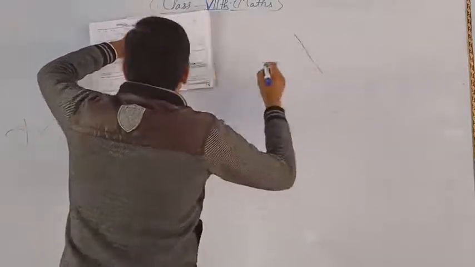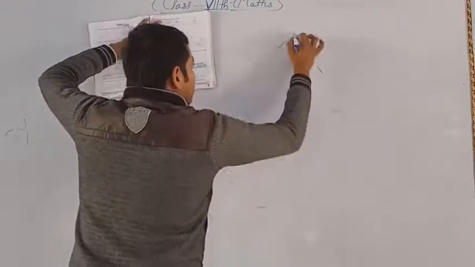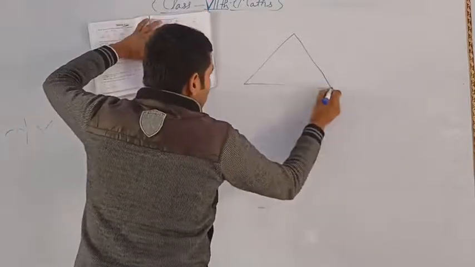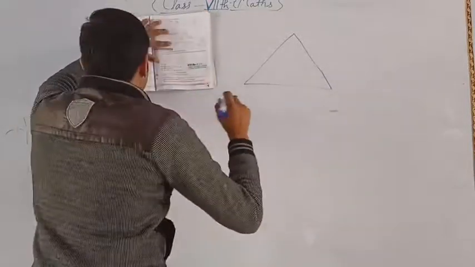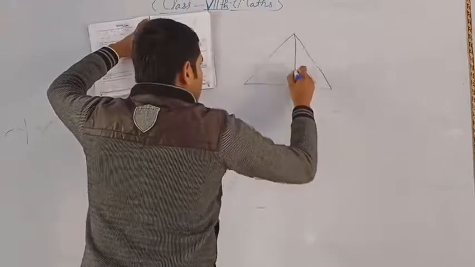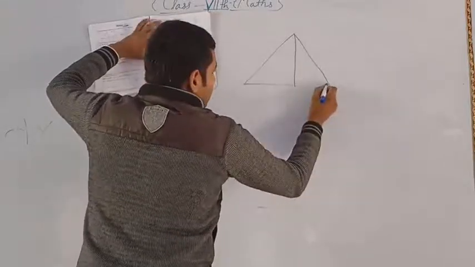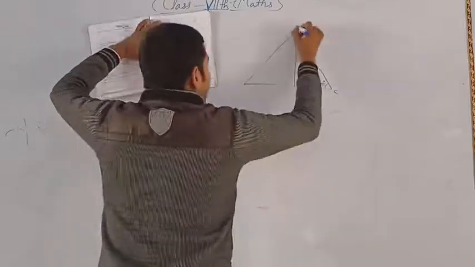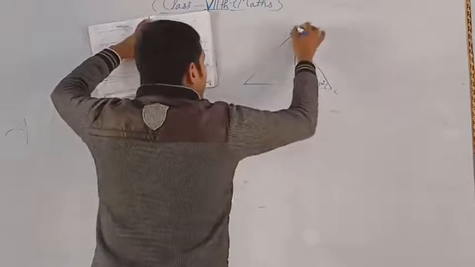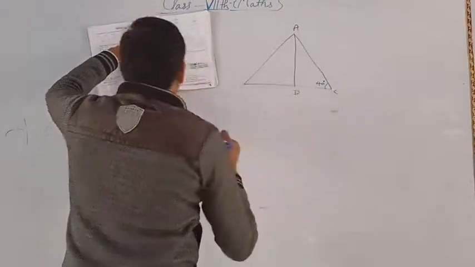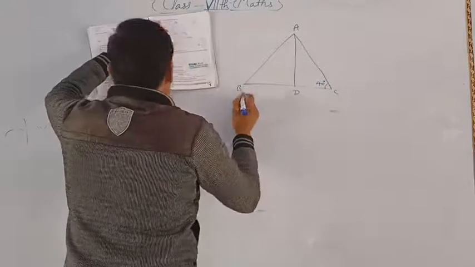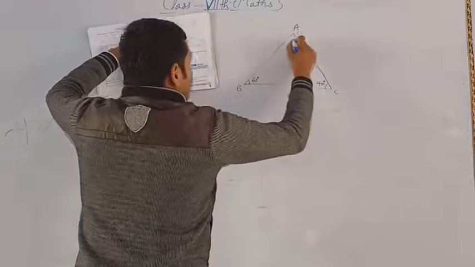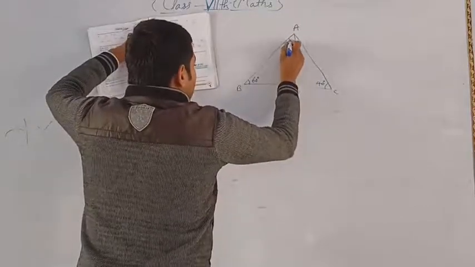Here this point C is 40 degrees, this point is A, this is point D, and this point B is given as 60 degrees. This is given as 30 degrees.